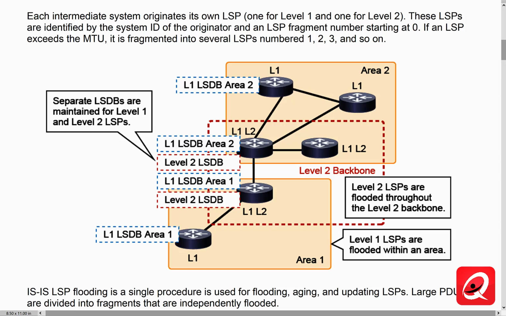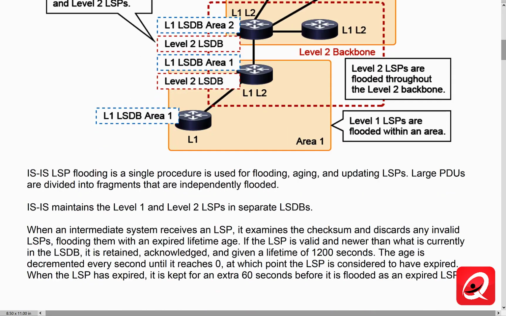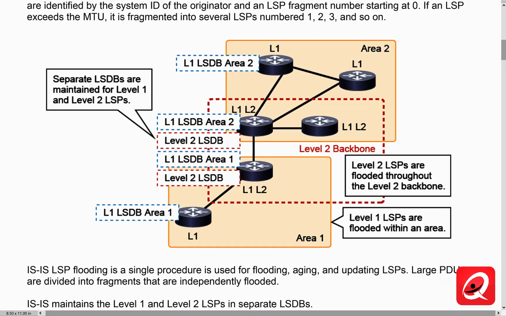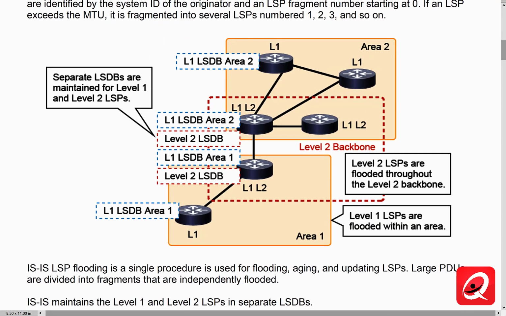And a link state packet fragment starts at 0. If we exceed the MTU, they're fragmented into several link state packets, and they're consecutively numbered beyond that. We of course want to try to avoid that fragmentation, but it's not entirely possible based on the fact that we're not sending micro LSAs like we do in OSPF. We're sending much more detailed information.